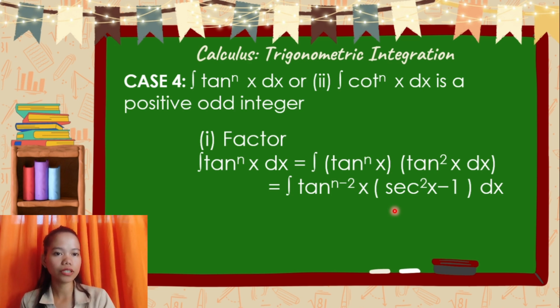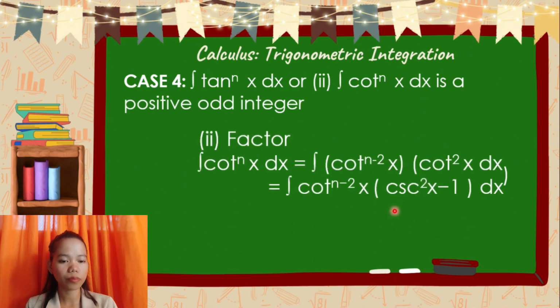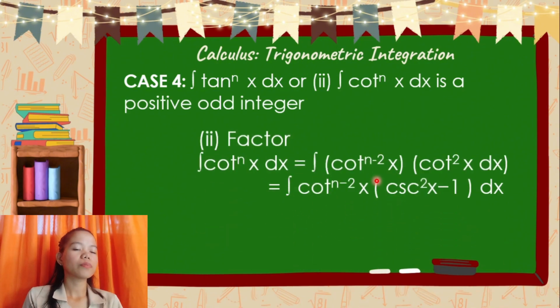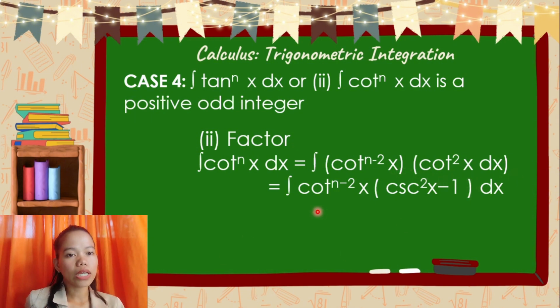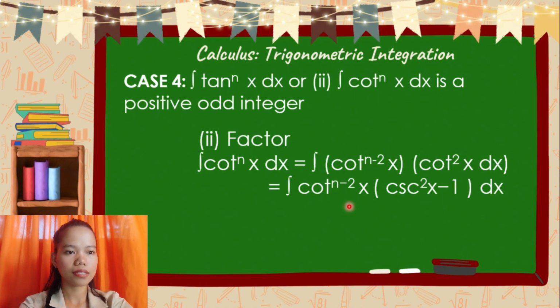What about for the cotangent? Cotangent can be solved in this form. The integral of cotangent raised to the power of n of x equals the integral of the cotangent raised to the power of n minus 2 of x multiplied by the cotangent squared of x dx. Right after that, we apply the trigonometric identity for the cotangent.